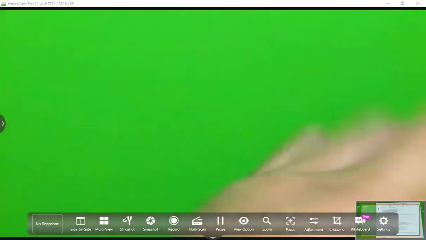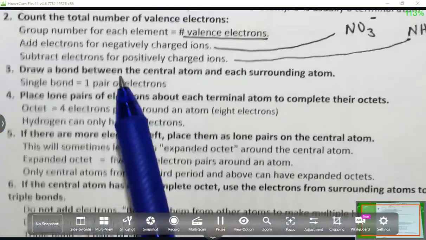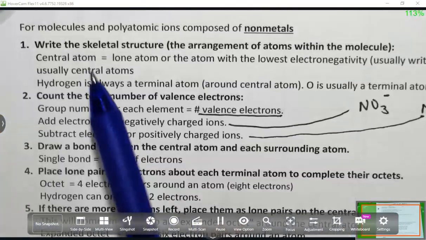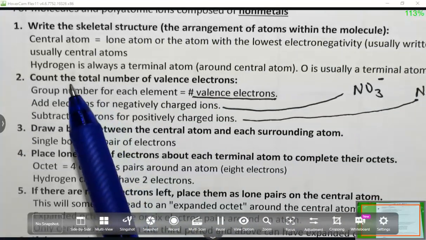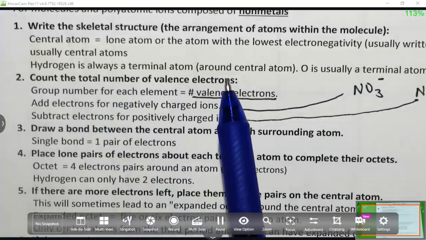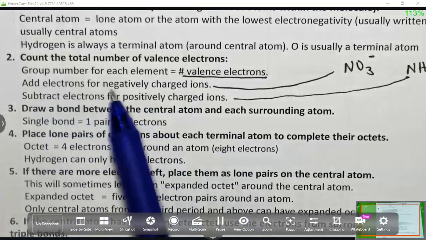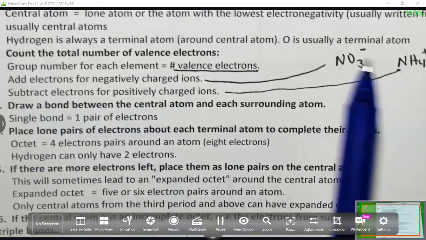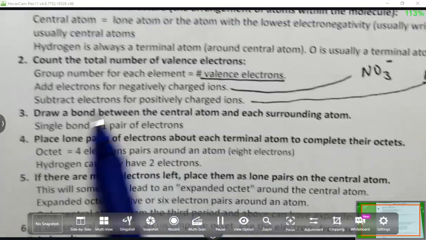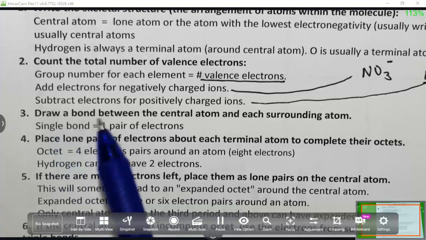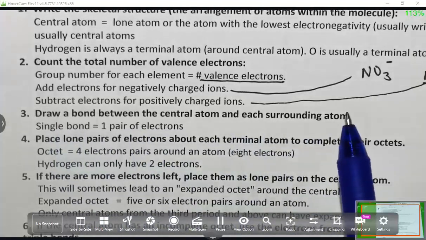So I want to do this in order to make sure. I should take this page off. All right. So we wrote a skeletal structure. Count the total valence electrons. We did that. We do not have to add electrons because we don't have a negative ion. We don't have to subtract electrons because we do not have a positive ion. Step 3, draw a bond between the central atom and each surrounding atom.